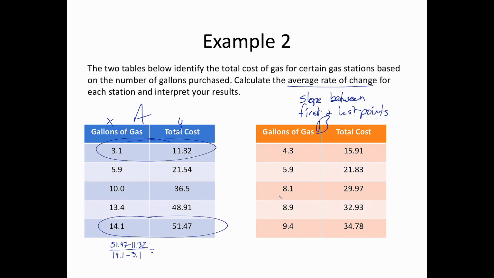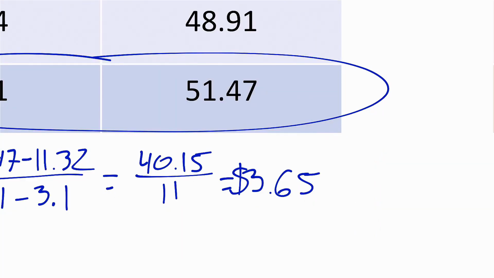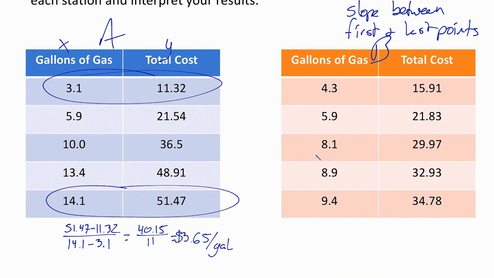When we simplify that, we end up with 40.15 over 11. We can type that into a calculator, and it gives us about 3.65. Now, putting this into context, this is a cost per gallon. So on average, going from the first price to the last price, it averages about $3.65 per gallon.